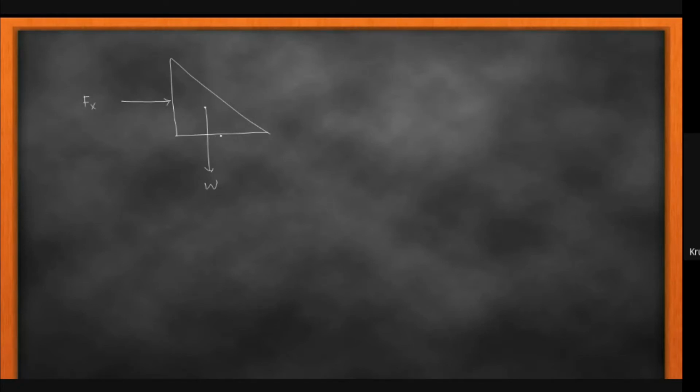Here the force is acting perpendicular, in the upward direction, that is Fy. And the third acts over here, and that is called Fz. And the angle of this Fz with the normal is theta, and this angle is also theta.